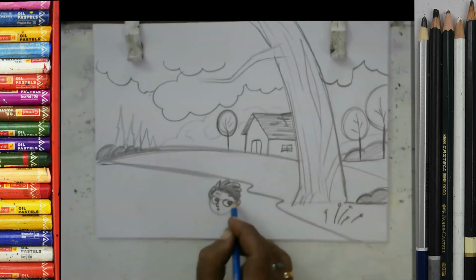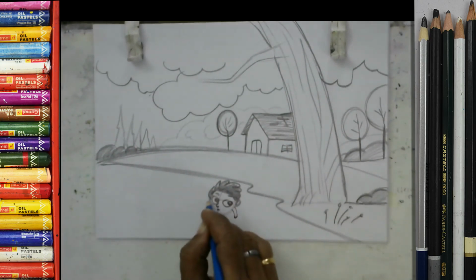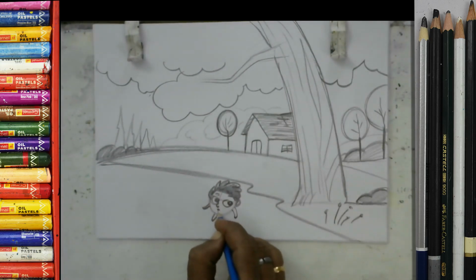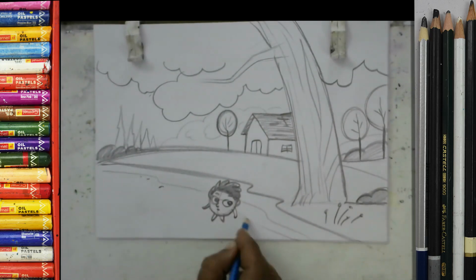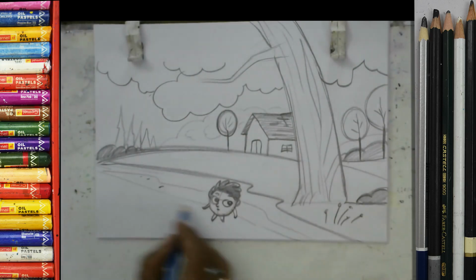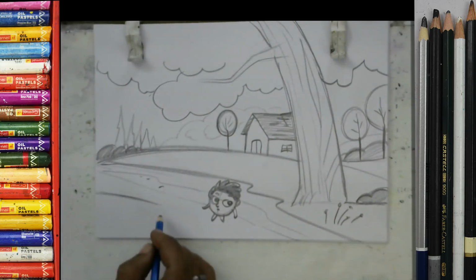Okay, the characters have a hand and have a leg. They are going on this road. Yes, Bobo, you can make the girls also.